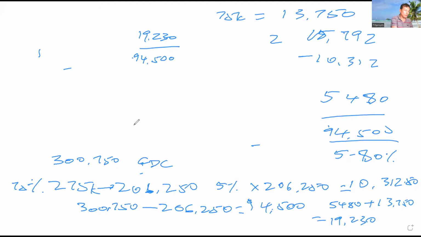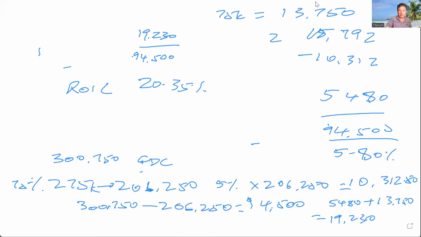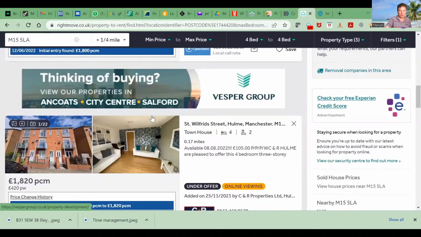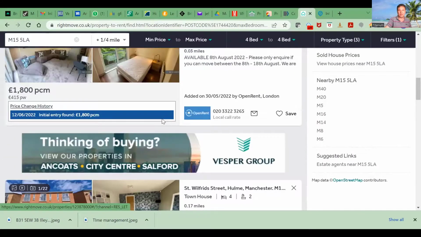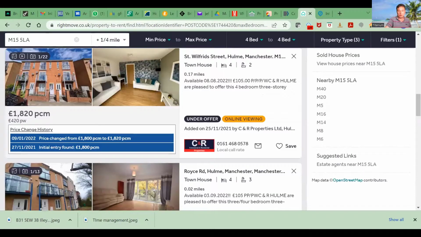Divide by 94,500, it gives you 20.35% ROIC. Do you see that? So voila, there goes. So you do have a much better return. You can actually buy a house in Manchester and do quite all right. Cheaper than a new build apartment that you buy from a developer. So there you have it.